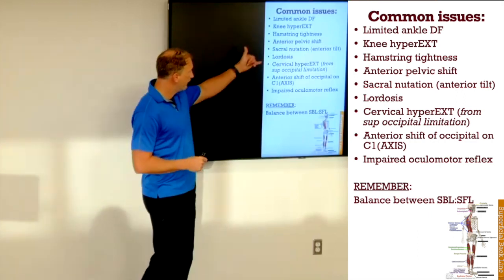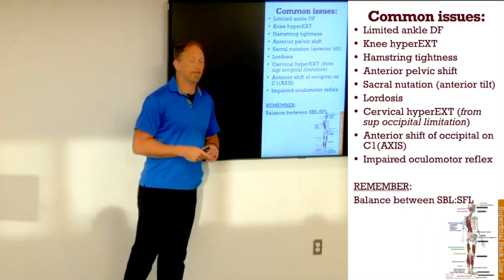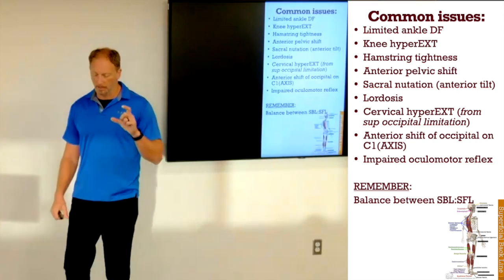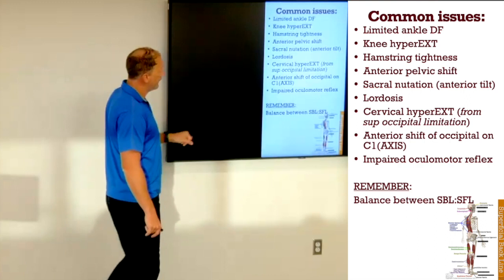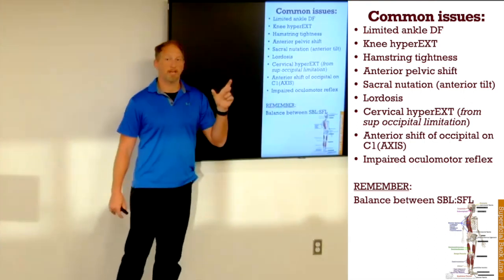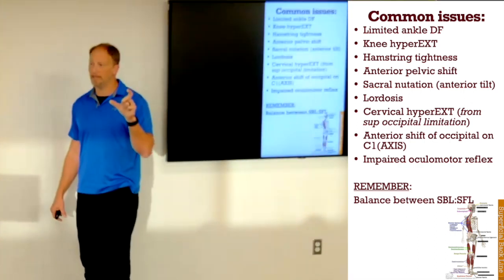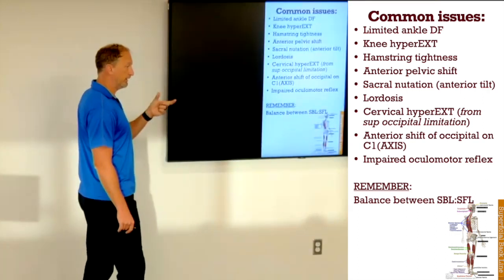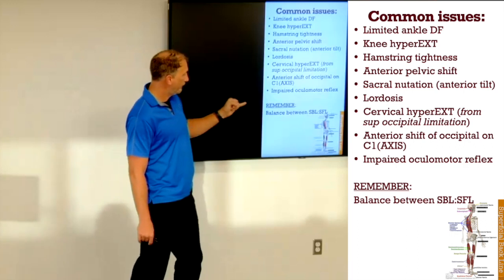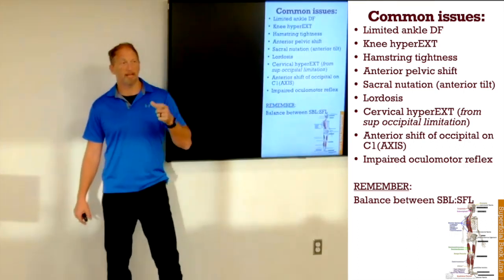Both of those, cervical hyperextension and anterior shift of the occipital on C1, lead to a forward head position. And again, because of that visual tie-in, we can have an impaired ocular motor reflex, which is just the ability of us to have appropriate movement tied in with our vision.